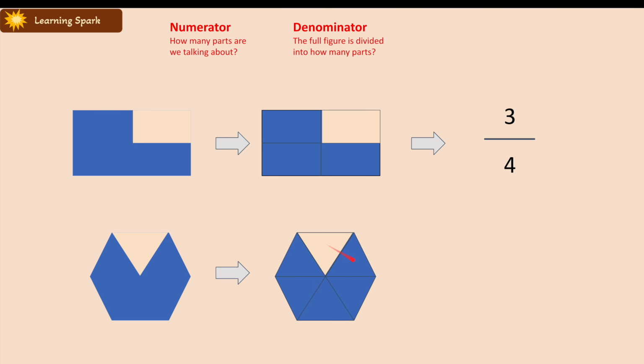If we divide like this, then one piece is missing from here. So out of 1, 2, 3, 4, 5, 6 pieces, we are talking about 1, 2, 3, 4, 5 pieces. The shaded area, or this particular figure, is 5 pieces. So the fraction becomes 5 by 6, the pieces we are talking about by the total pieces. So 5 by 6 is the fraction.